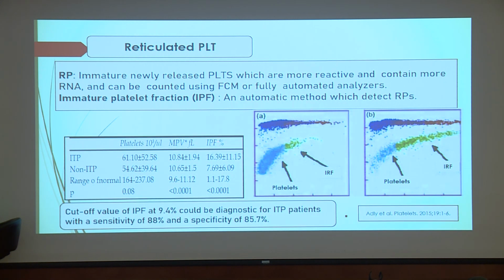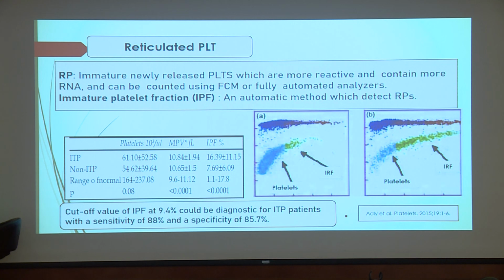Some studies actually prove the utility of IRF in the diagnosis of ITP patients. The cutoff value of immature platelet fraction at 9.5 could be diagnostic for ITP with high sensitivity, actually 88, and high specificity.